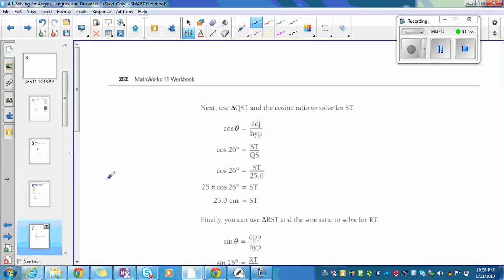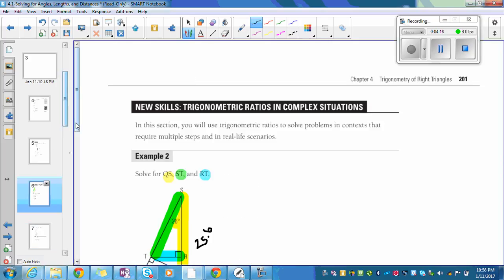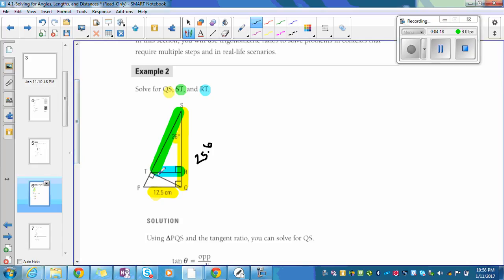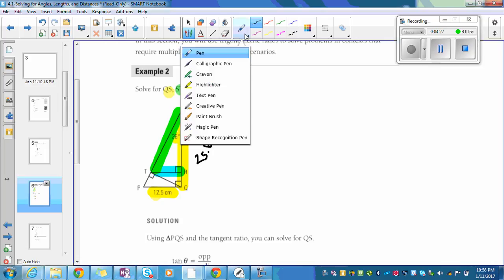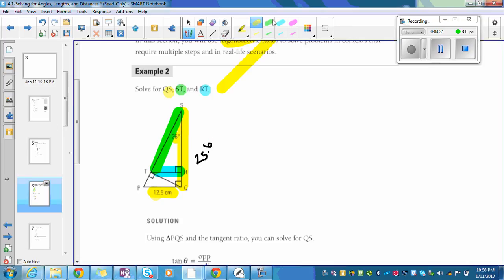Now, to find ST, let's go back and look. Where is ST? ST is in this triangle here. Some people have a hard time seeing it, so I'm going to highlight it in pink, so you can see the triangle that they want us to see.